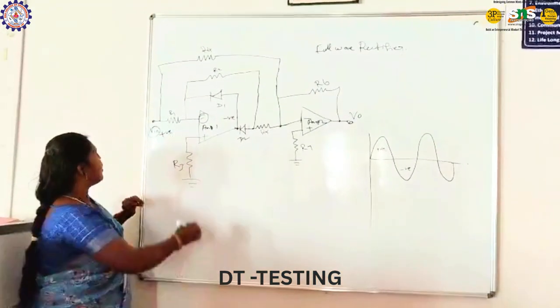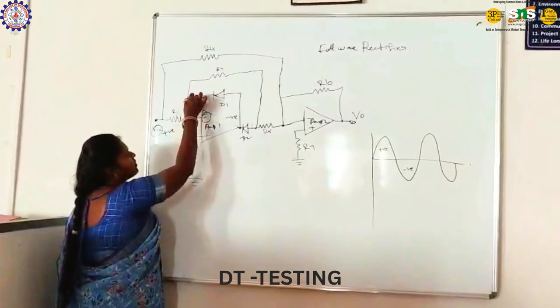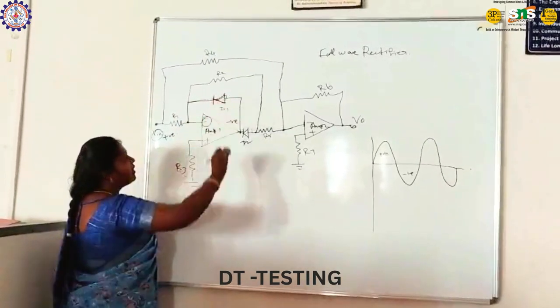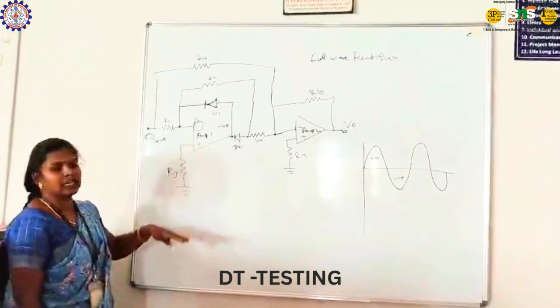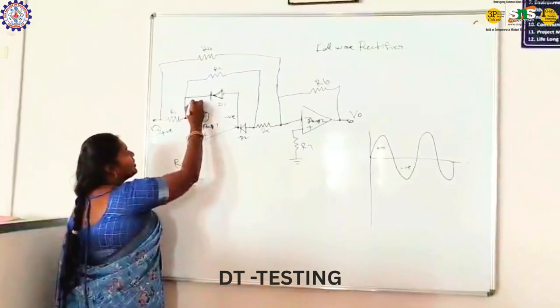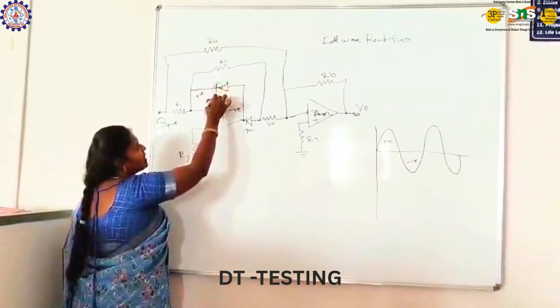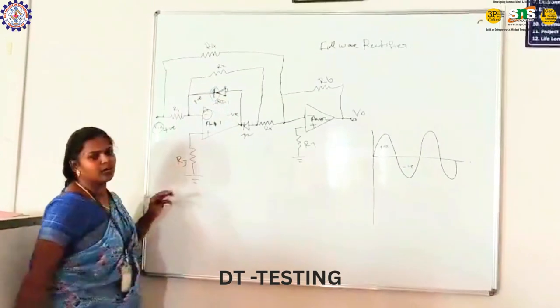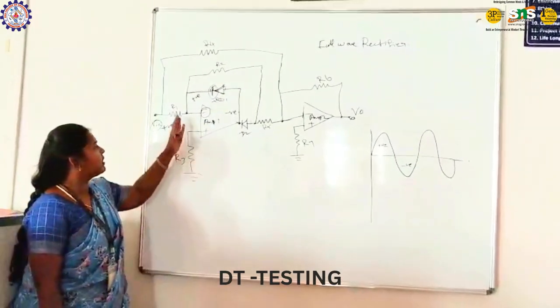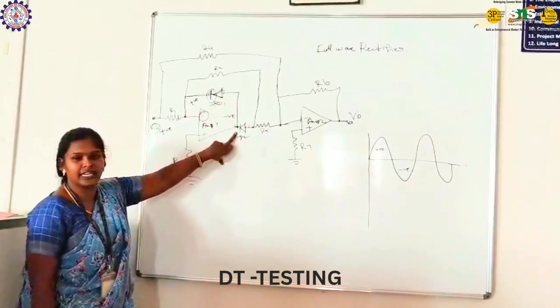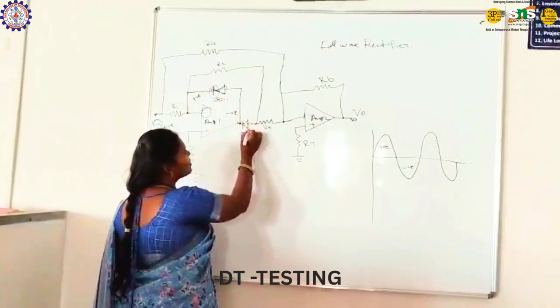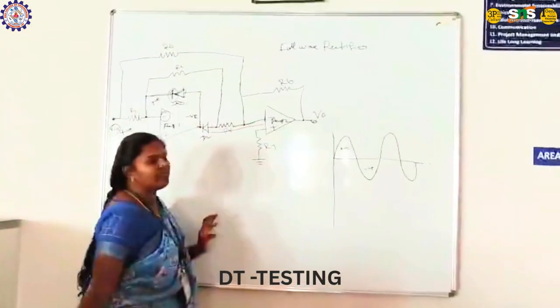So this positive signal goes to D1 diode. The diode will be turned off because we applied positive signal to the diode and this is the cathode terminal is negative. So positive negative will goes to a off condition. So there is no signal passed through here. So this negative signal is passed to amplifier 2.